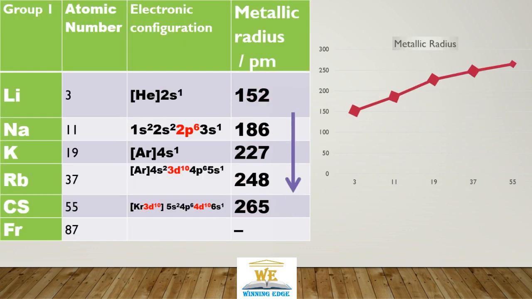Now, as I explained, the charge to radius ratio. Going from lithium to cesium, atomic size increases. The metallic radii increase going down a group. This in turn affects the charge to radii ratio.